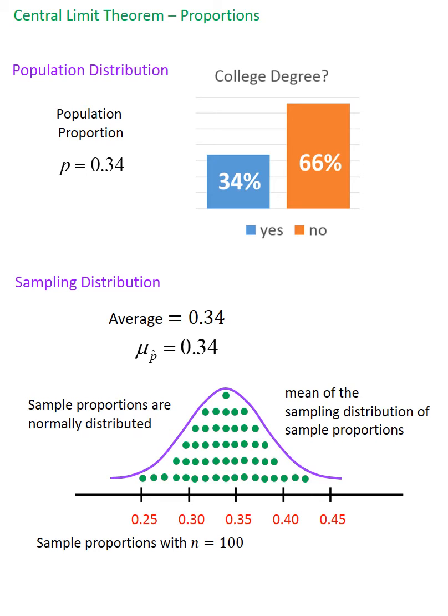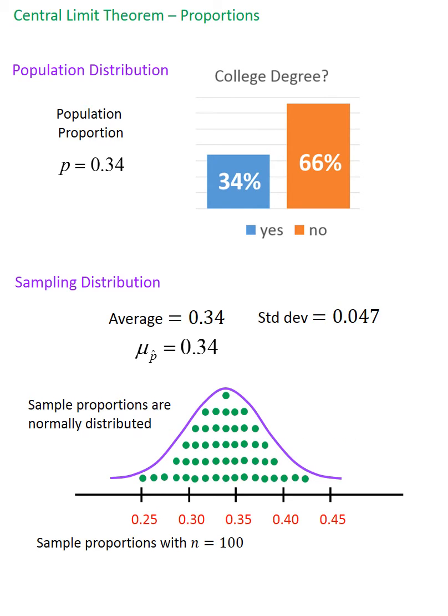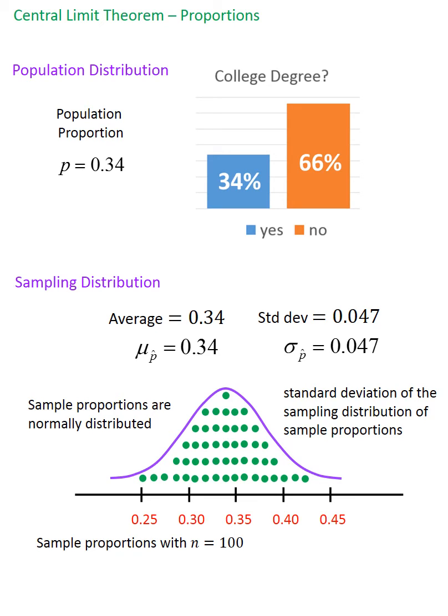Prediction 3. The central limit theorem gives us a way to calculate the standard deviation of the sampling distribution, which I'll get to in a minute. This standard deviation of the sampling distribution has a lengthy name, so we like to denote it as sigma p hat, reminding us that it is the standard deviation of sample proportions.